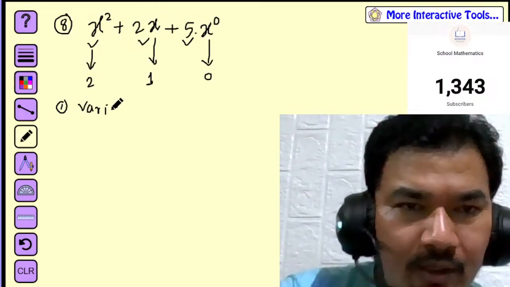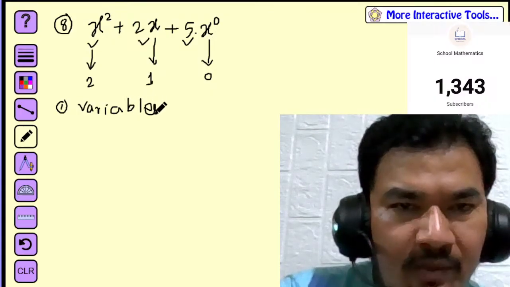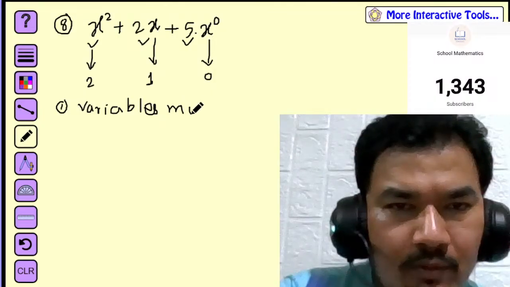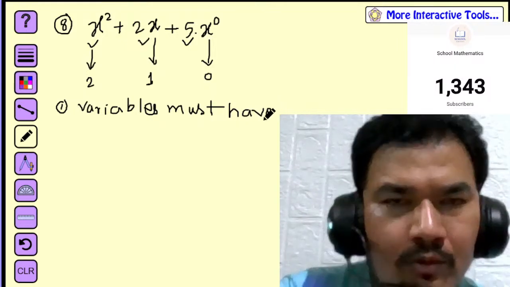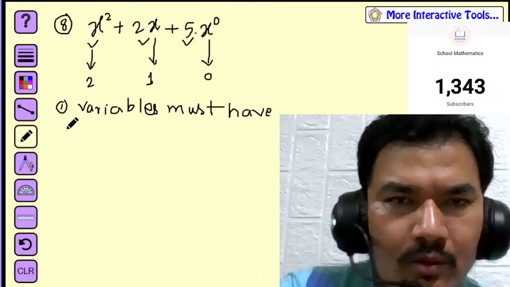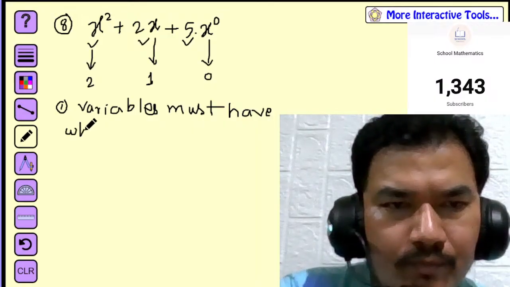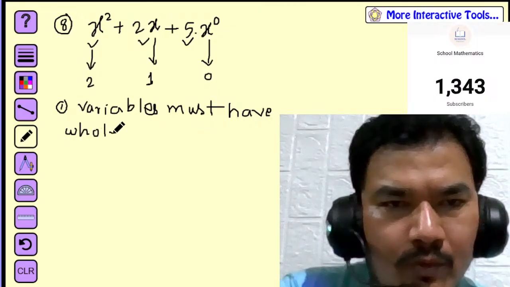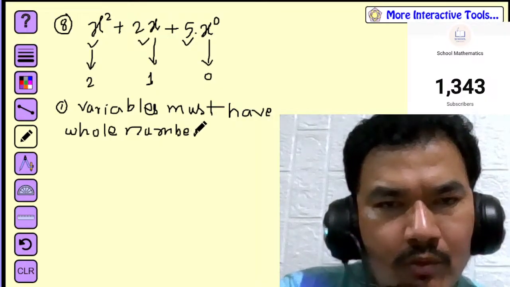All the variables must have whole numbers as power.